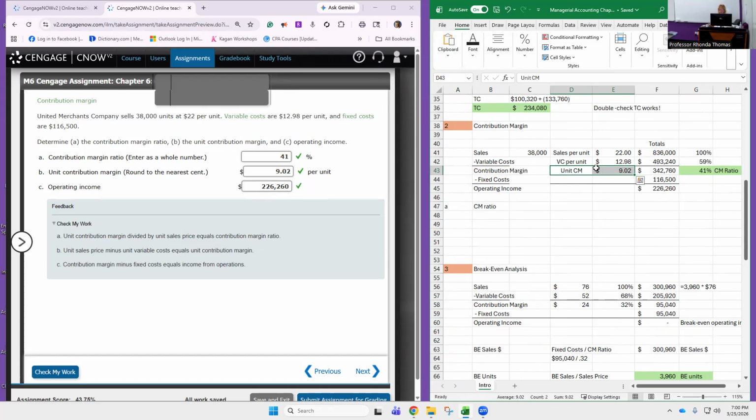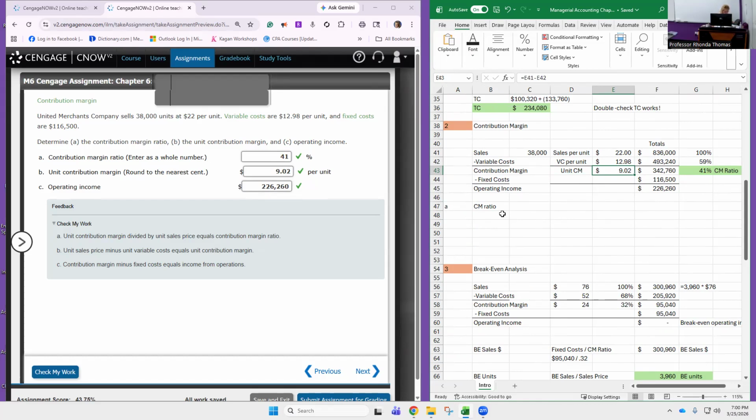For every unit they sell, they bring in $9.02 that will help cover fixed costs. There are some formulas for this. It just depends on what you're comfortable doing.